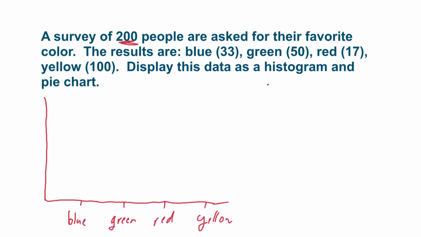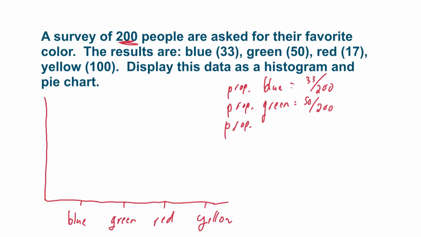So note that the proportion of blue is 33 in 200. The proportion of green respondents is 50 in 200. The proportion of red respondents is 17 in 200.